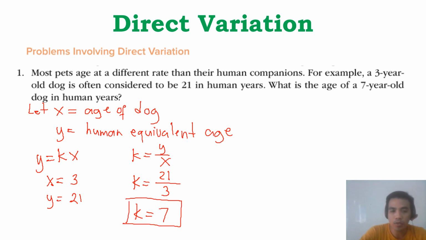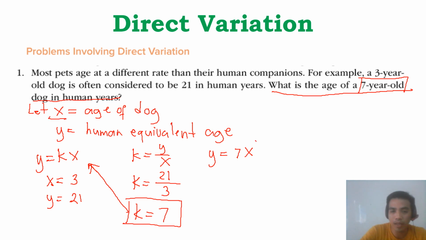And after that, substitute that in our equation. So y is equal to 7x. We have now this equation of variation. So, yung question is, what is the age of a 7-year-old dog in human years? Diba yung dog natin is x?